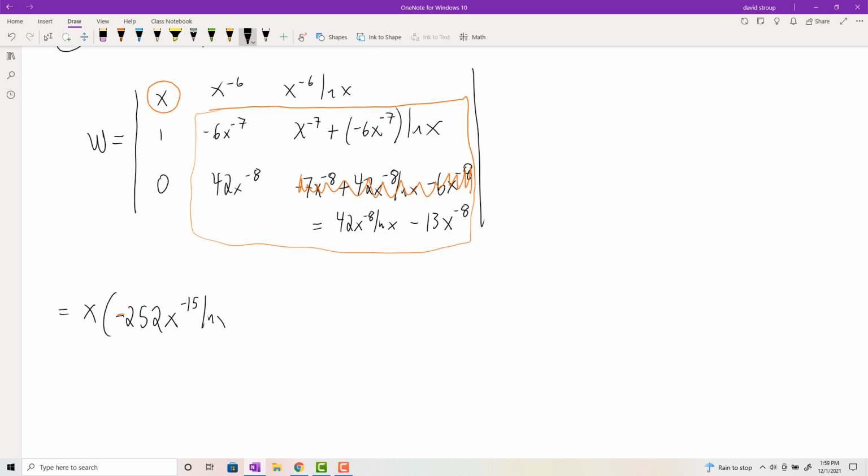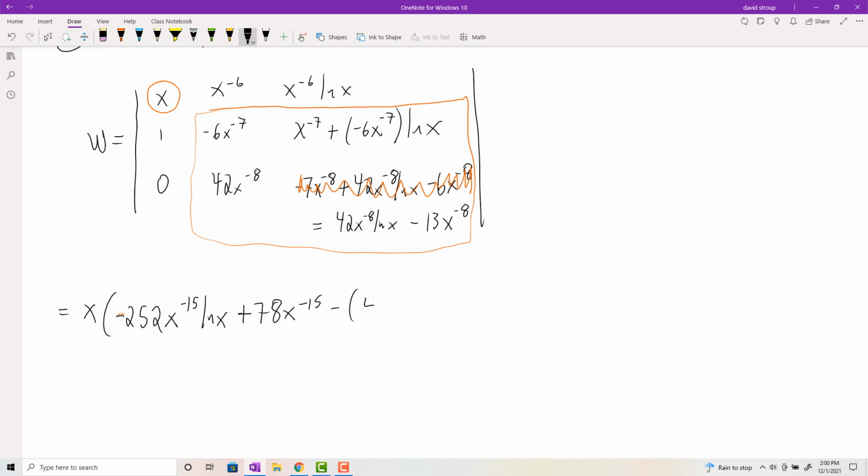Then you get ln x. And then minus, but there'll be a negative in there. Where the heck am I? I'm still on the first multiplication. So it'd be plus negative 6 times negative 13 is plus 78 x to the negative 15 again. And then minus the diagonals, the other diagonal multiplied out.